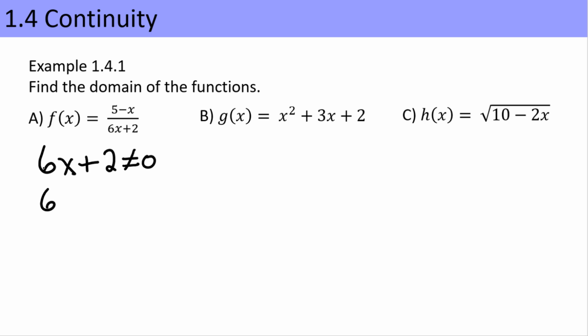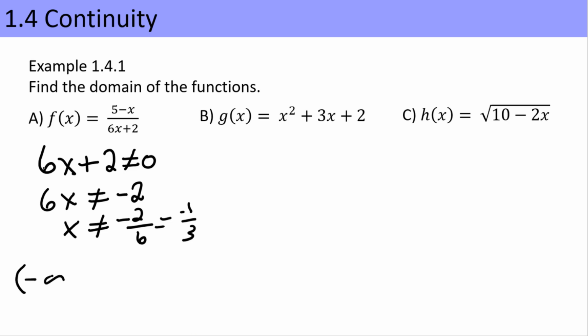Let's solve for x. So 6x cannot equal negative 2, and x cannot equal negative 2/6, which reduces to negative 1/3. We write this in interval notation as from negative infinity to negative 1/3 union negative 1/3 to infinity.